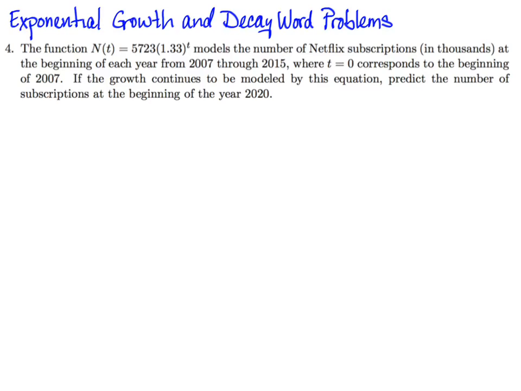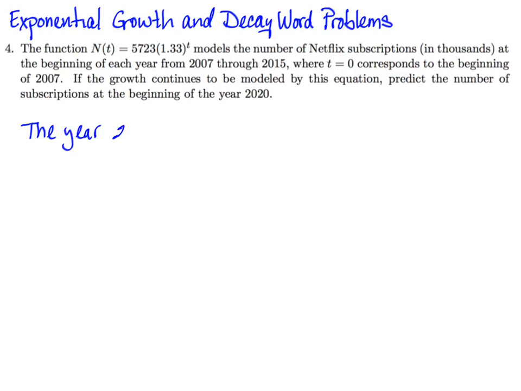If the growth continues to be modeled by this equation, predict the number of subscriptions at the beginning of the year 2020. So we have to figure out what we're going to plug in for t into our function to compute the number of subscriptions at the beginning of the year 2020.